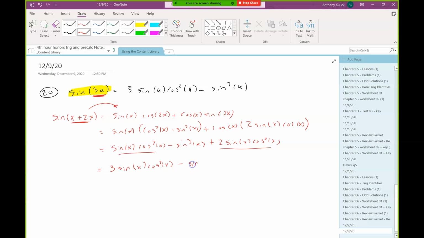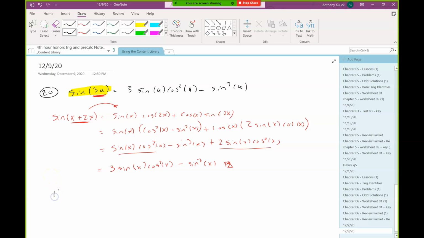And then I still have that minus sine cubed there at the end. I think I'm done. Dan, are you happy with that? Yes, thank you. Okay, no problem.